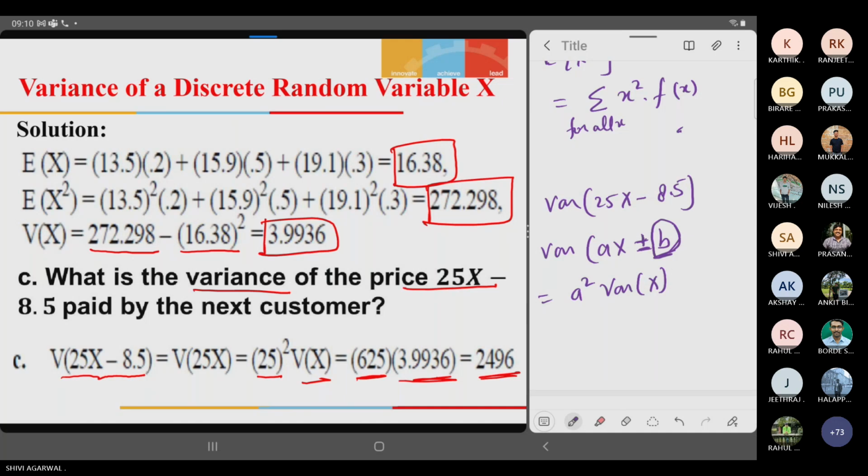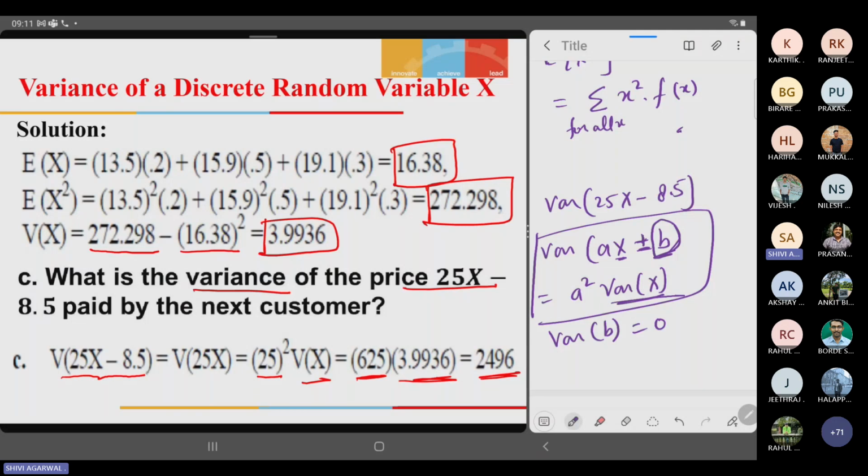The variance of b is equal to 0 because b is a constant and there is no variation in a constant. Variation comes if there are different values. How 25 square? Because this is the formula, a square times the variance of x, since the variance of x is in square form, if you remember the definition.